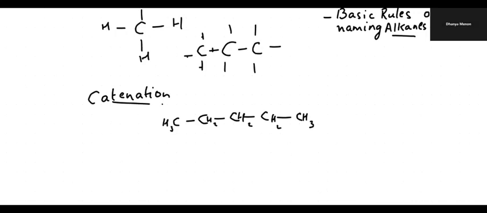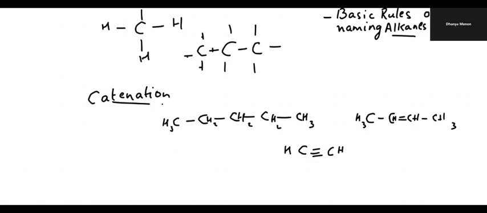It can also form double bonds like this. Carbon can also form double bonds. Yes, it can also form triple bonds. So catenation is the property to form a long chain with the same atoms.